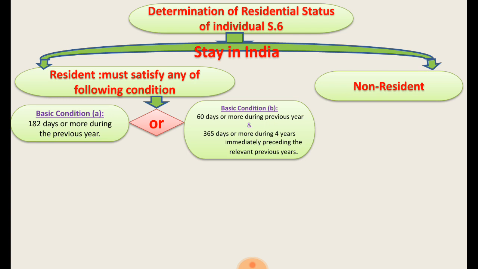If that person is in India for 60 days or more in that particular previous year, and for 365 days or more during the 4 years before the previous year, that person is also called a resident of India.